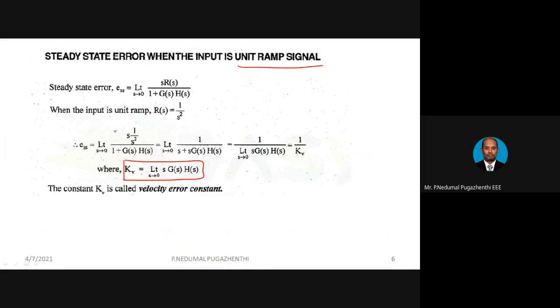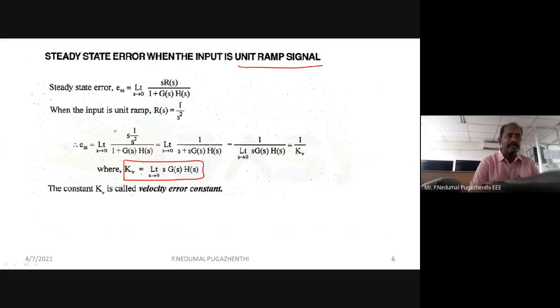So if I substitute that in my formula, ESS is equal to limit s tends to 0, s into R of s by 1 plus G of s H of s, and a unit ramp is 1 by s squared. If I substitute that, I will get 1 by s here in the numerator. This s and this s squared get cancelled, so I will get 1 by s. If I take s down, I will get s plus s into G of s H of s.